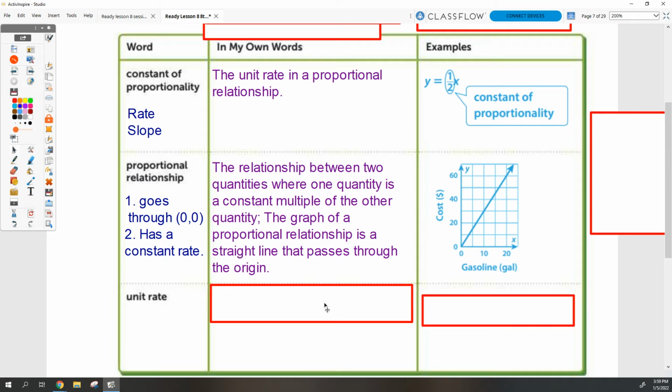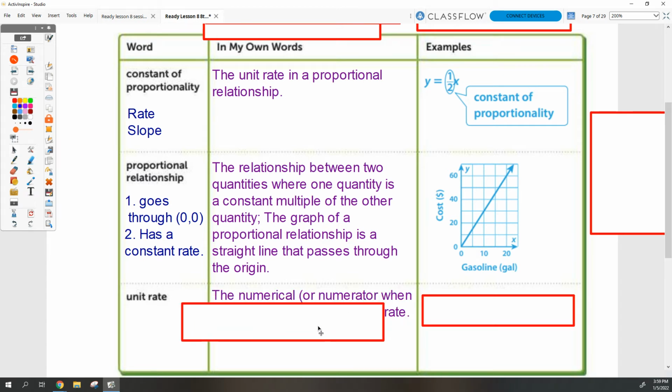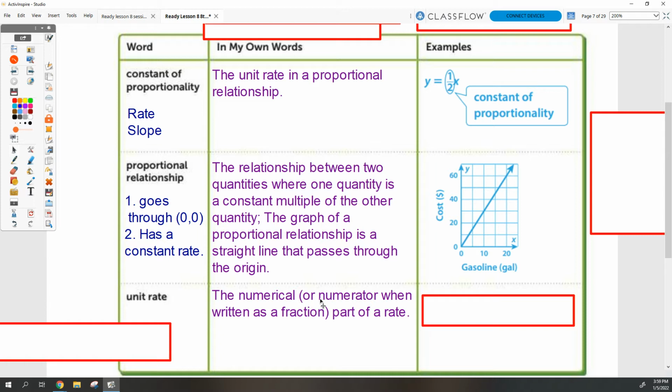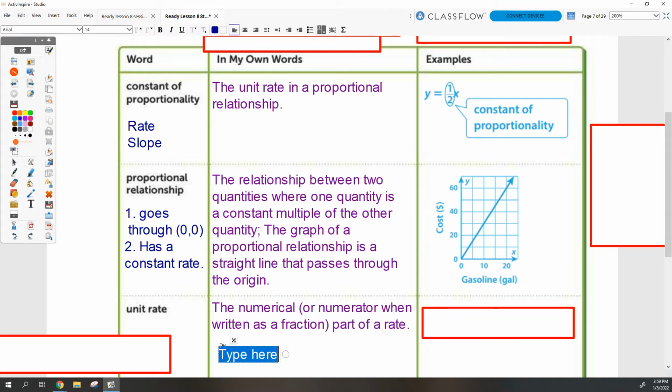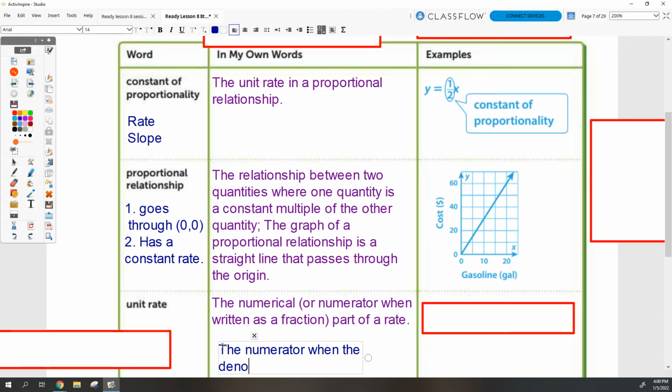And then a review from 6th grade, unit rate is the numerical part, or numerator when written as a fraction, of the rate. So basically this is the numerator when the denominator is 1.